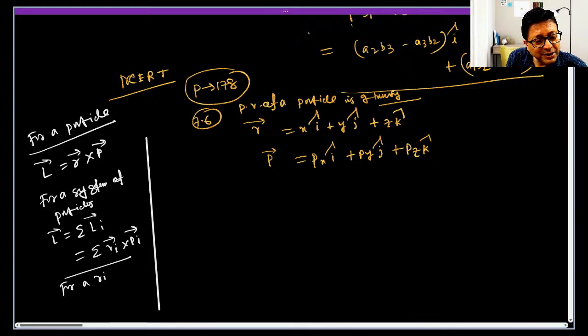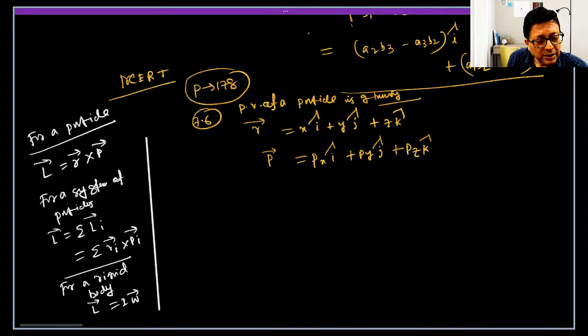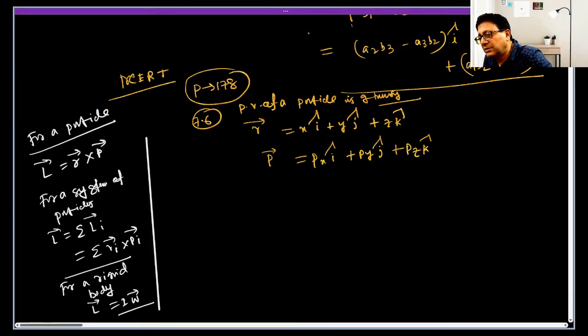And then for a rigid body, L equal to I omega, isn't it? So this is for one particle only, so we will be using this formula, L equal to r cross p.